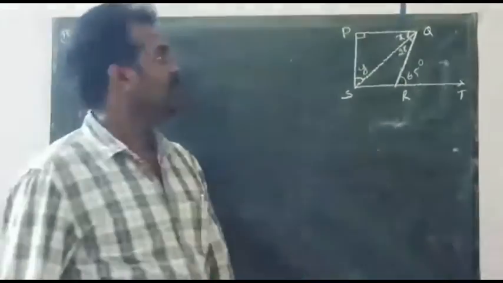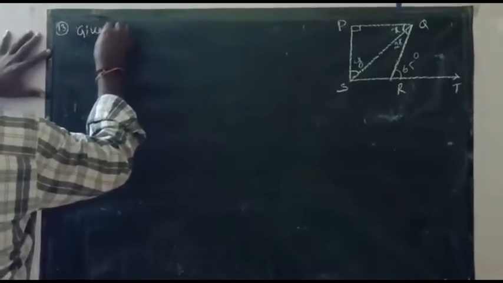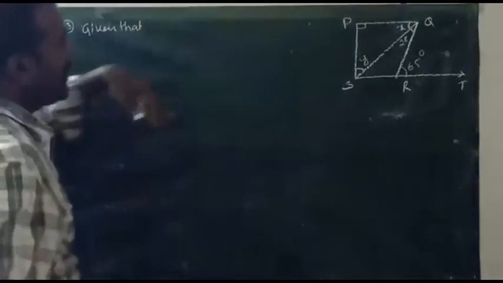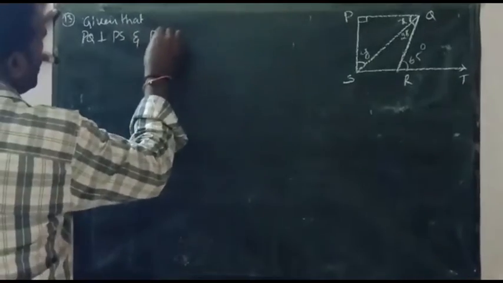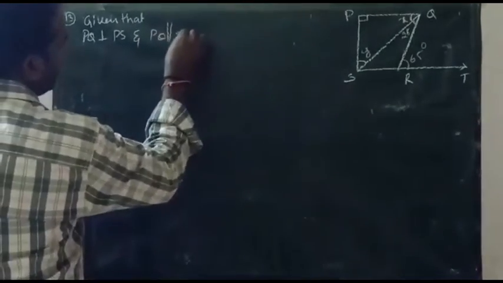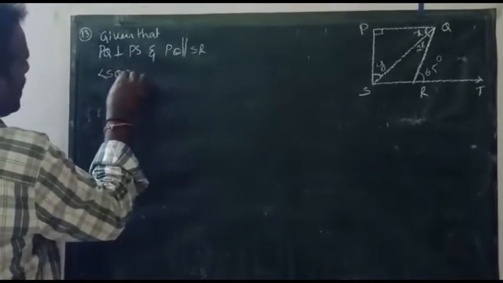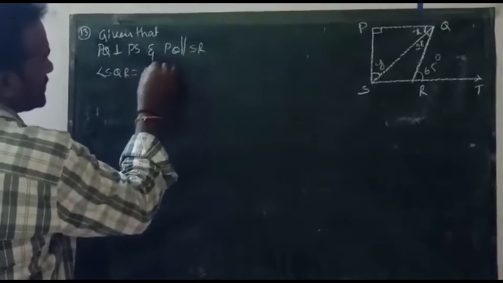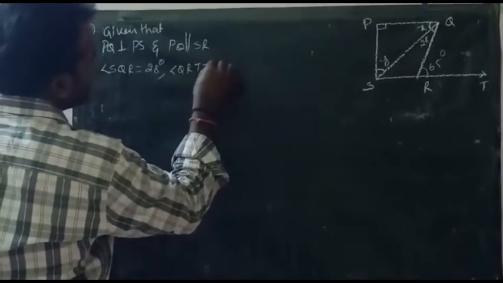Students, here what is the given data? PQ is perpendicular to PS and PQ is parallel to SR. Next, angle SQR is equal to 28 degrees and angle QRT is equal to 65 degrees.